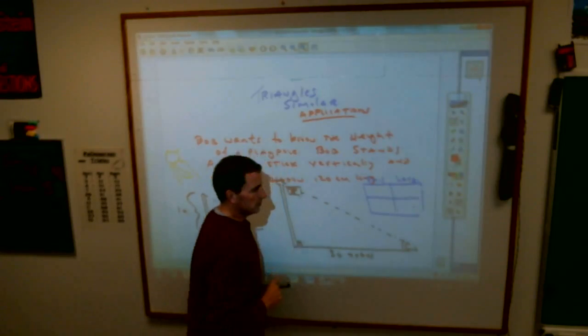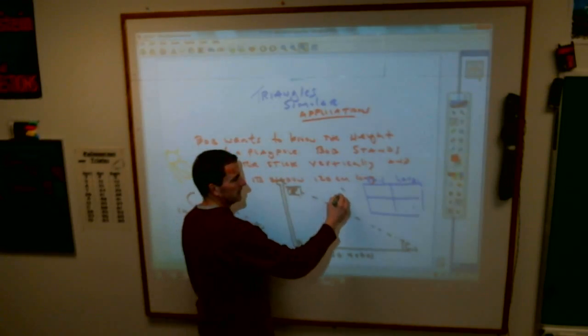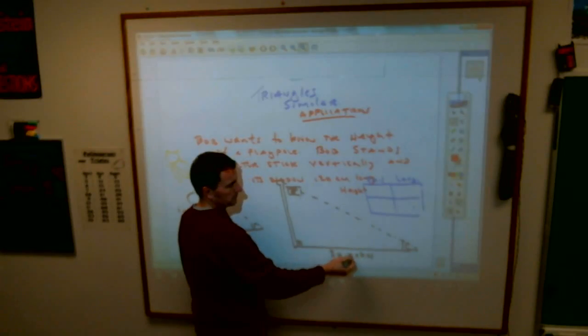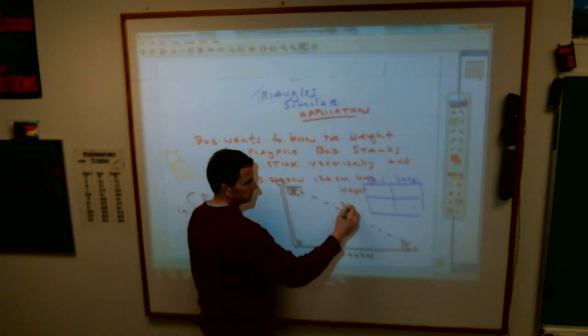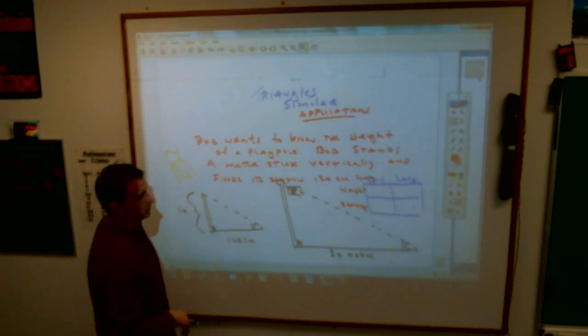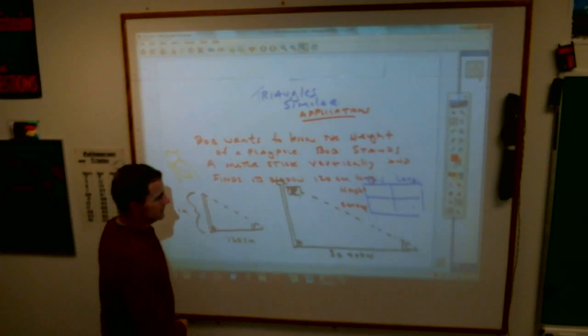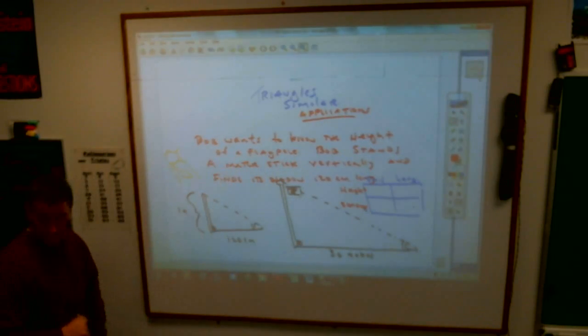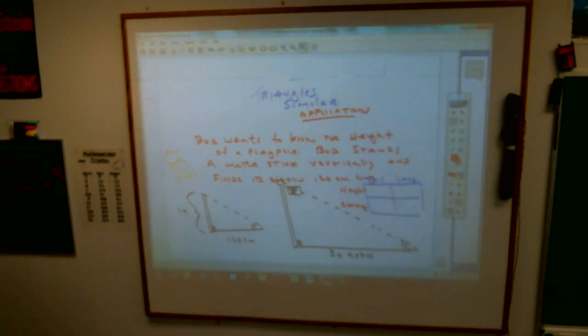And what two things are we comparing? We're comparing their height to their shadows. And you just fill in the boxes there. What is the height of the small triangle?